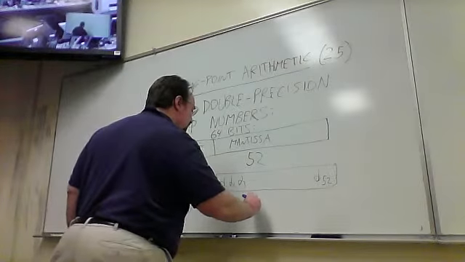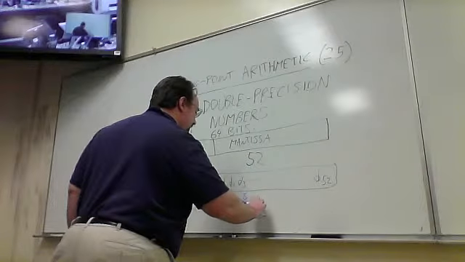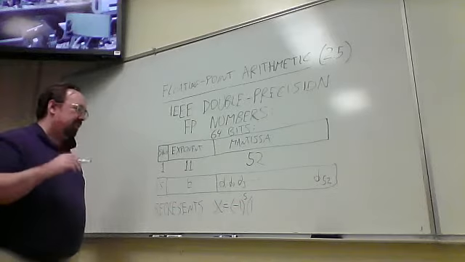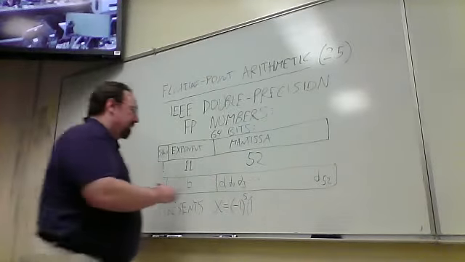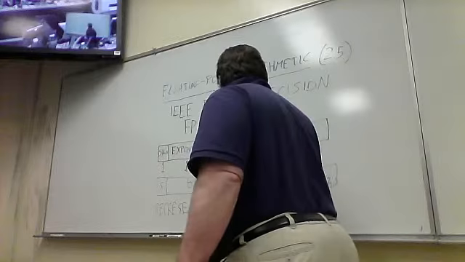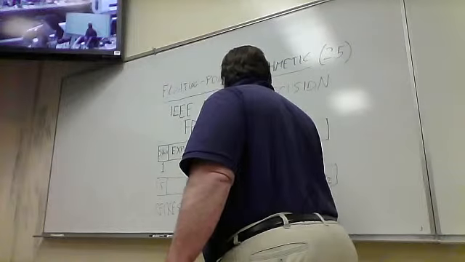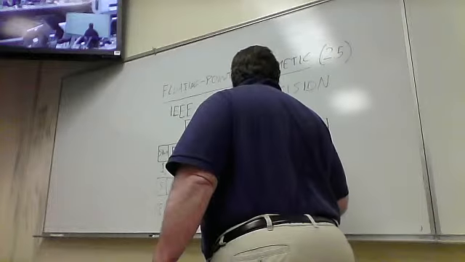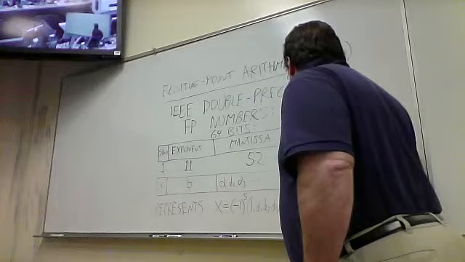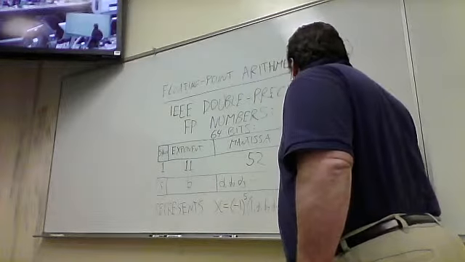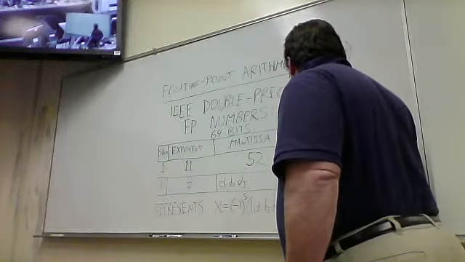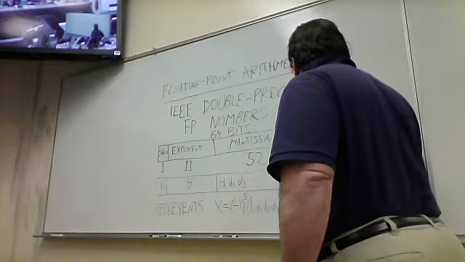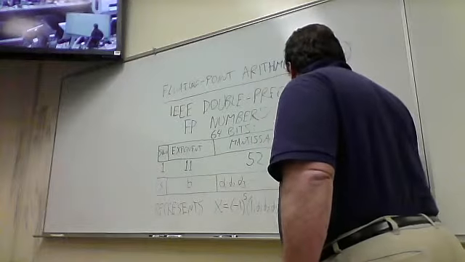Times 1 plus, okay, you can use scientific notation, but it'll make sense in just a little bit, 1 point D1, D2, D3 down to D52, times 2 to the B minus 1023.